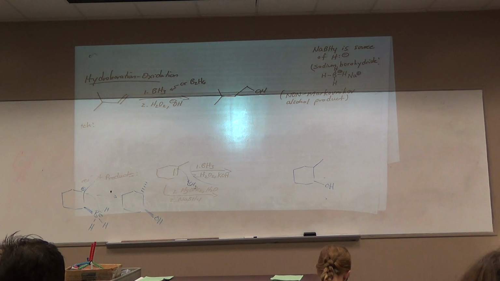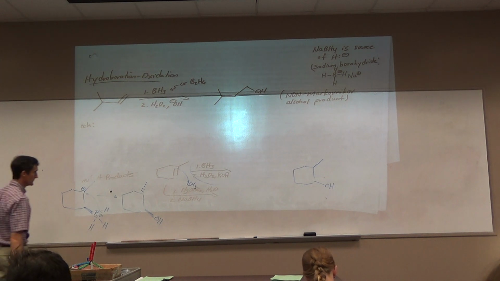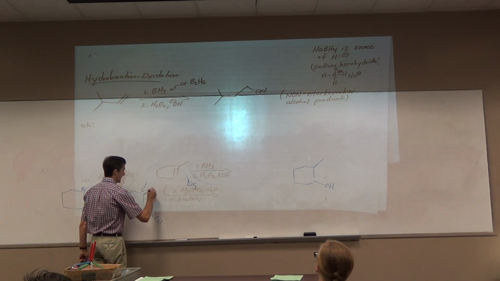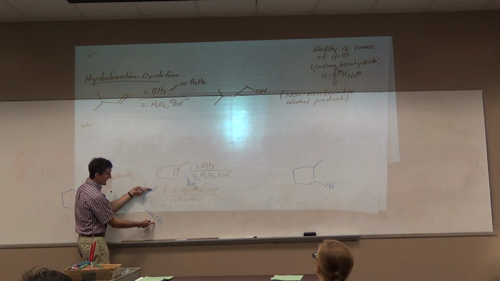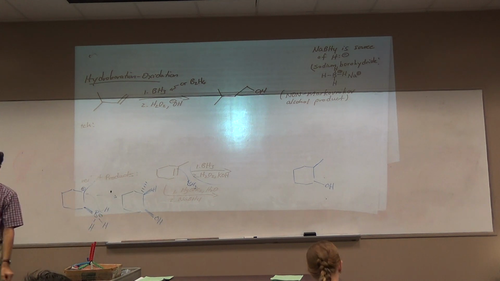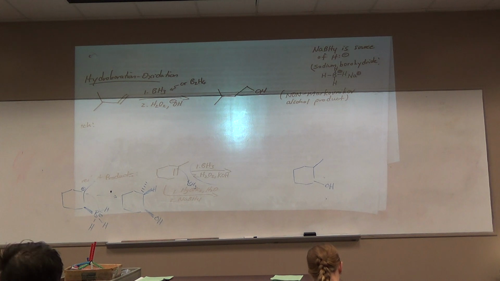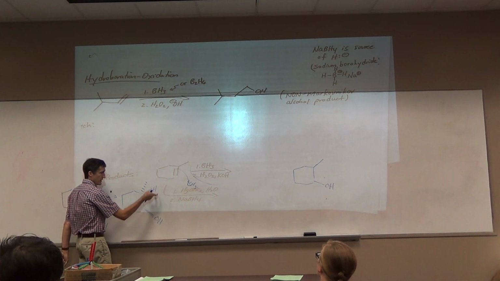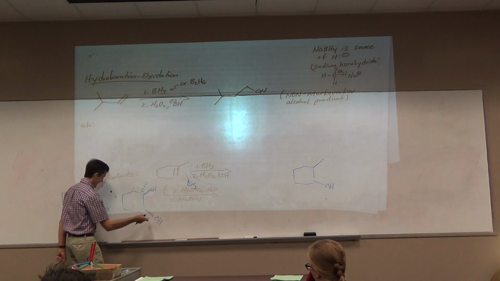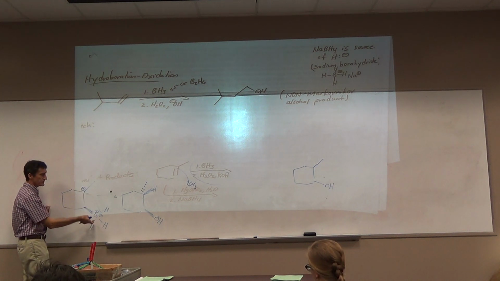The two groups on the ring are what? They're trans. Now, the OH and H are cis. But typically when you talk about cis or trans, you're talking about non-hydrogen groups. I mean, you're talking about the two substituents there. And the boron and the H are cis.